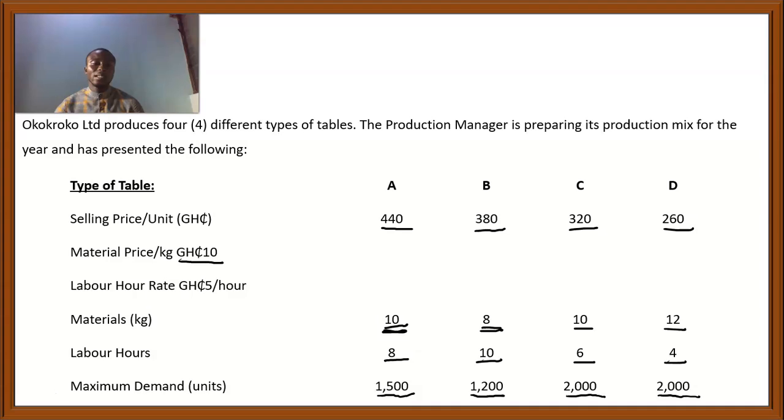We are told that we have labor hour rate of 5 Ghana cedis per hour. In respect of table A, it requires 8 hours to produce. So to calculate the labor cost per unit of A, we multiply 5 by 8. So 5 times 8 for A. Then for B, we multiply 5 by 10. For C, we multiply 5 by 6. And for D, we multiply 5 by 4.